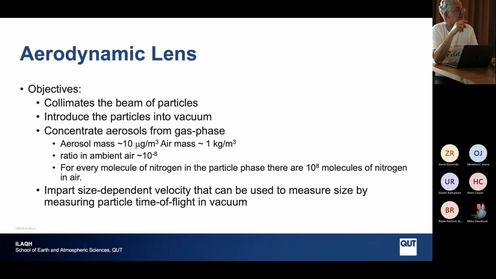So what the lens has to do is strip off all the air: 10 to the 8 times more air molecules than the mass that's available inside the particle. That's a really significant task for the lens, and it has to bring the particles from 1 bar down to 10 to the minus 4, 10 to the minus 5 millibars.